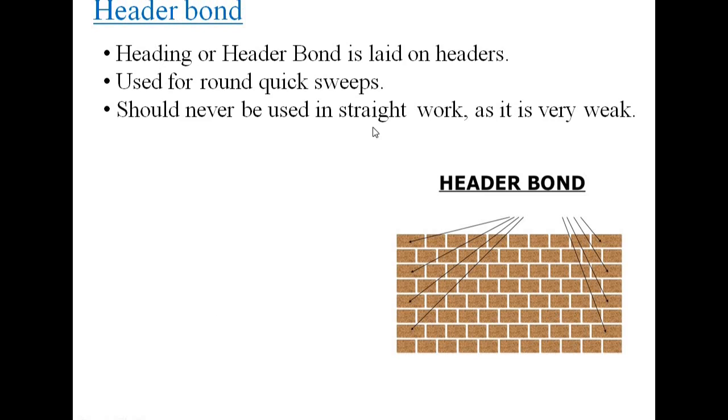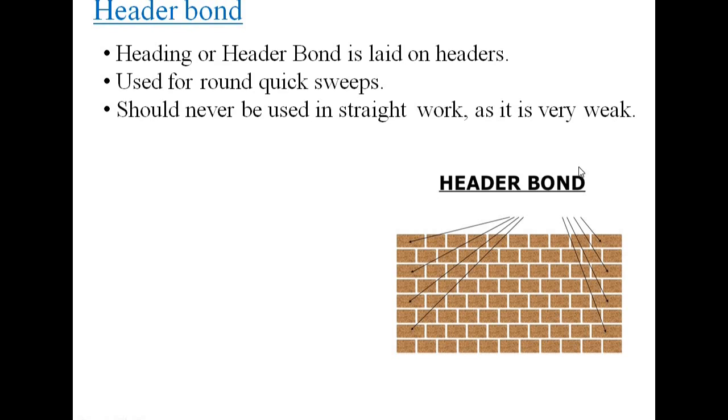First, header bond. Here you can see that on the face of the wall we see only the header face of the bricks in each course. That's why this is called a header bond. Header bond should never be used in straight work as it is very weak.